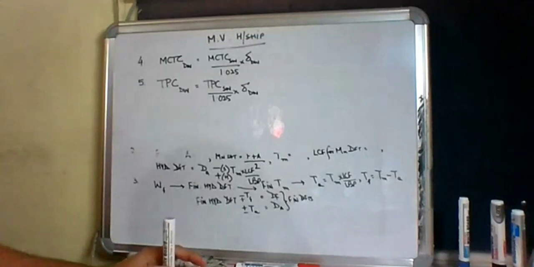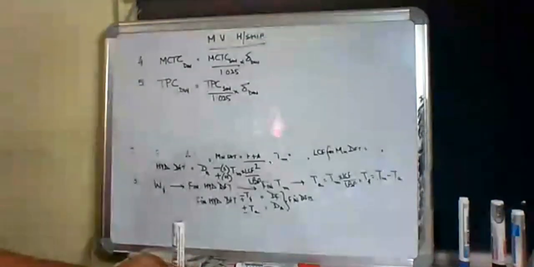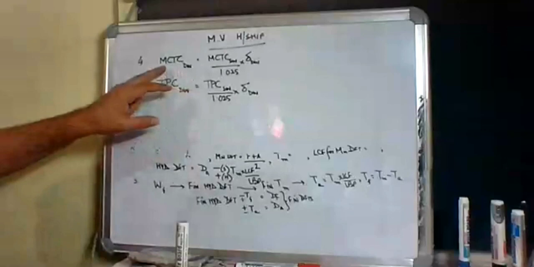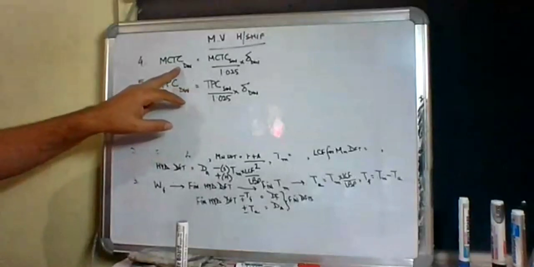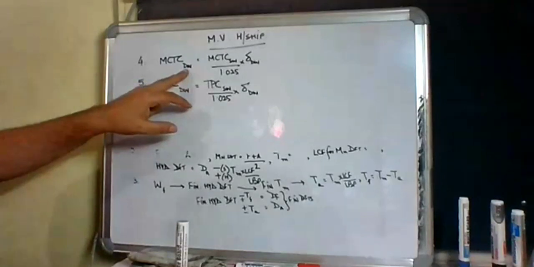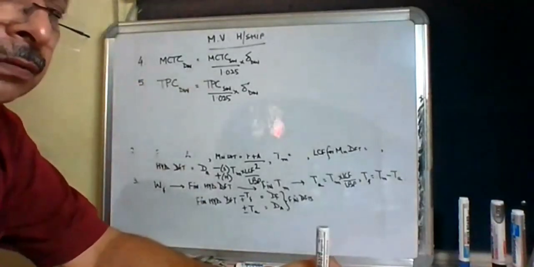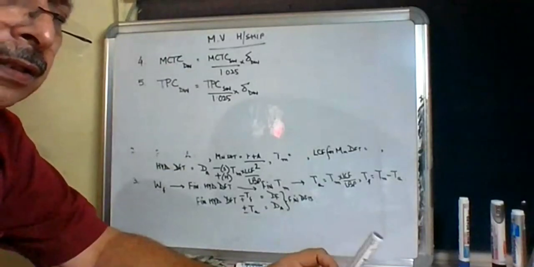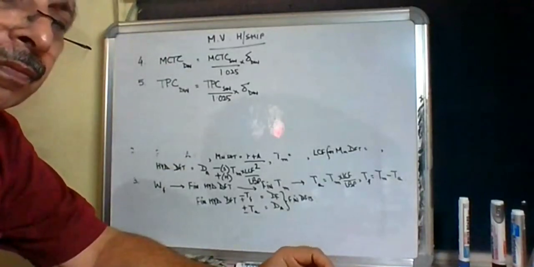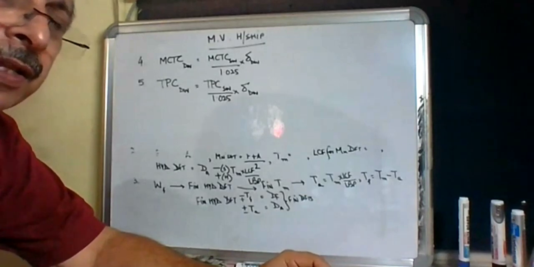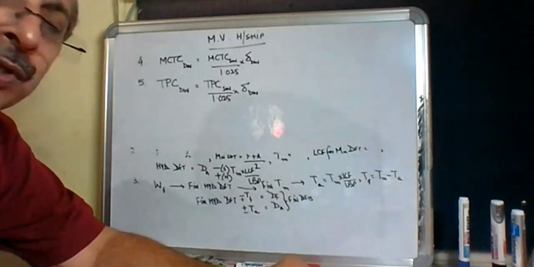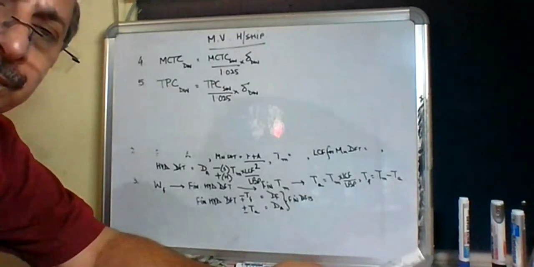You have to keep it in mind that the change in the draft is so marginal that the change in the KM is neglected, and therefore it is assumed to be constant.